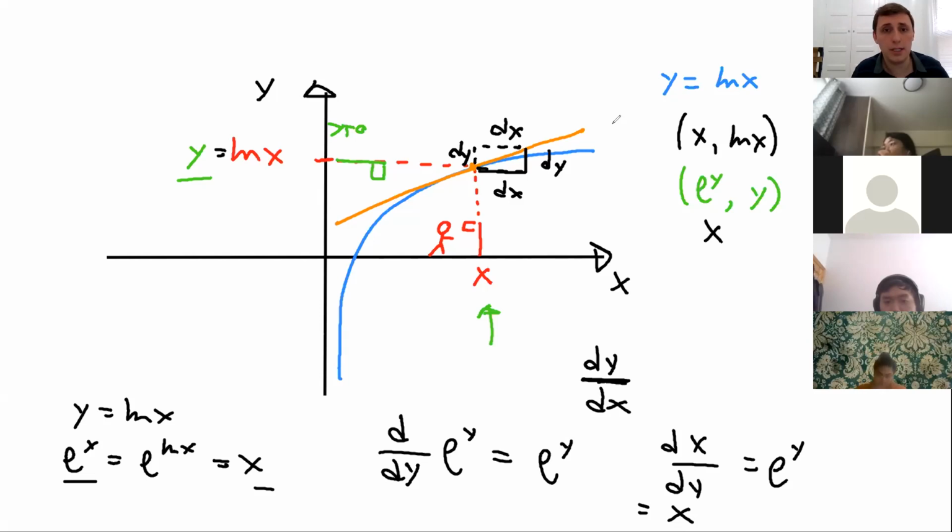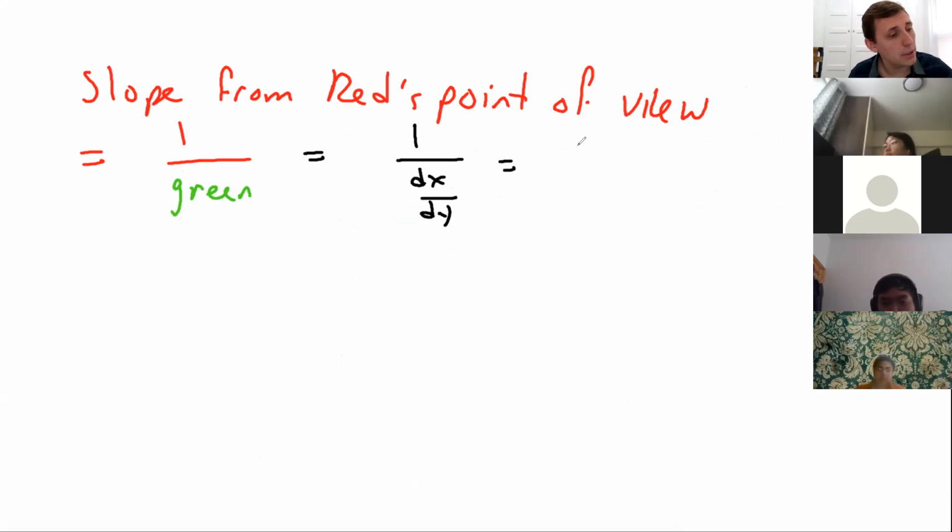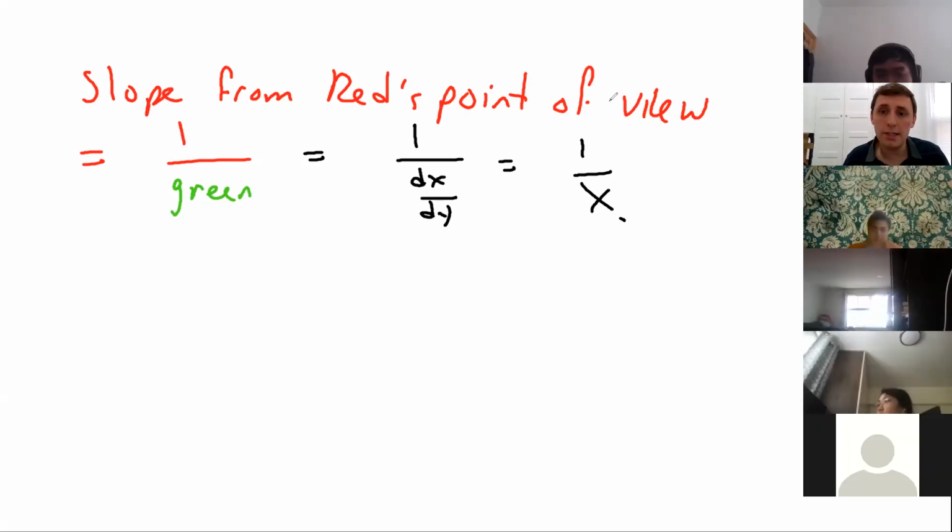From the red's point of view, it is 1 over green, because it is 1 over dx/dy, which gives me 1 over x. We solved it. Are you getting it, guys? At least you have to solve it using implicit differentiation, but if you get what I'm saying now, you are far smarter.